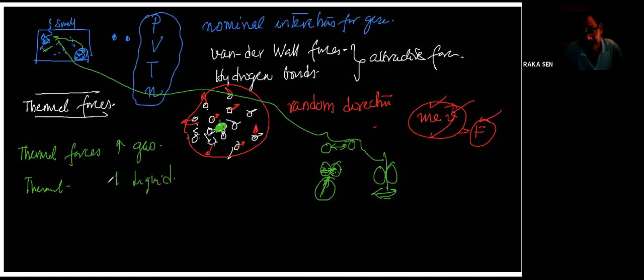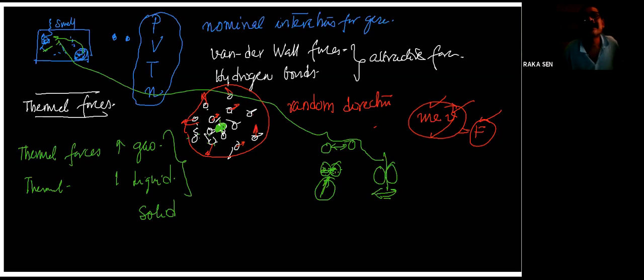If the thermal forces cannot do anything, cannot move the molecules from each other at all, you will get solid. So my thermal forces are essentially nothing but disruptive forces. If the disruptive forces are greater than the attractive forces, the system is going to break down into different individual molecules.